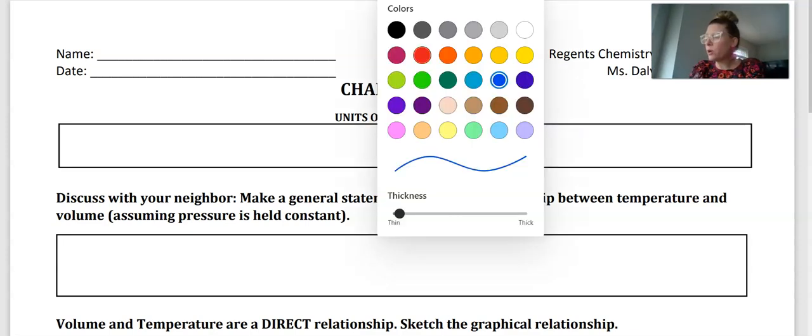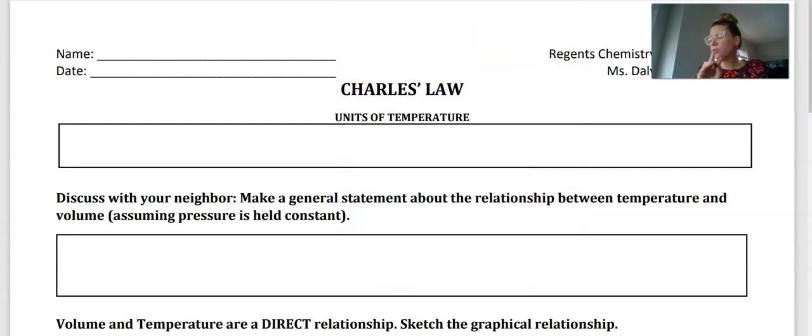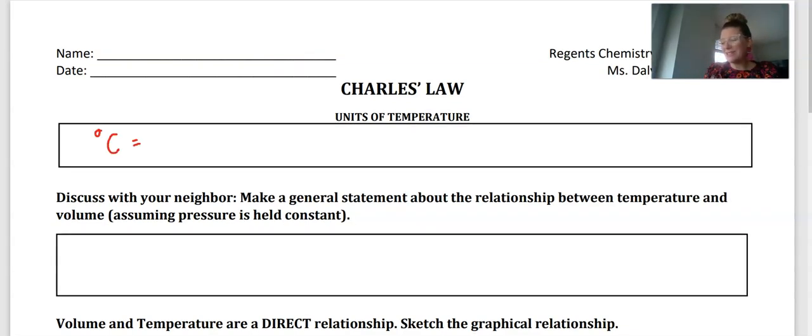So we really work with two different types of temperature in this course. Again, Fahrenheit, that's cool. The US uses it, but it's not really used for science courses. So we're going to use degrees Celsius.